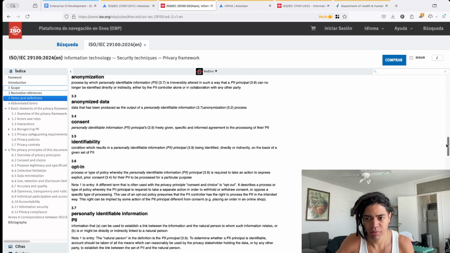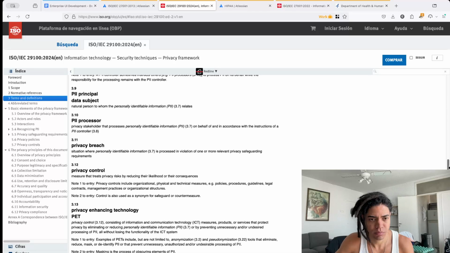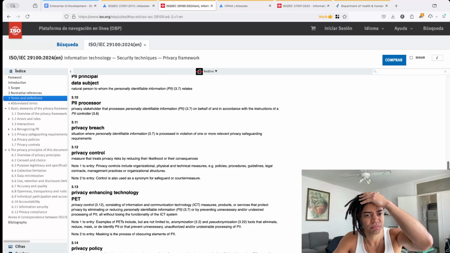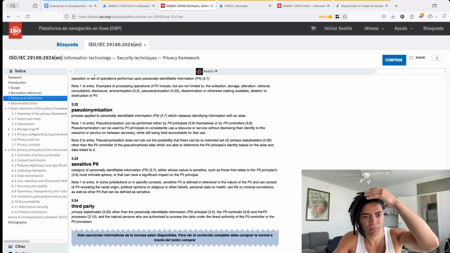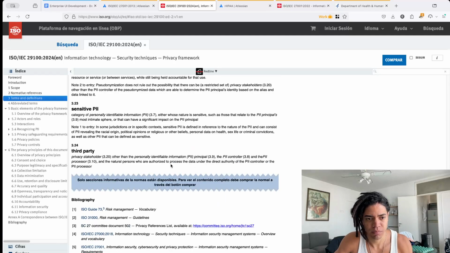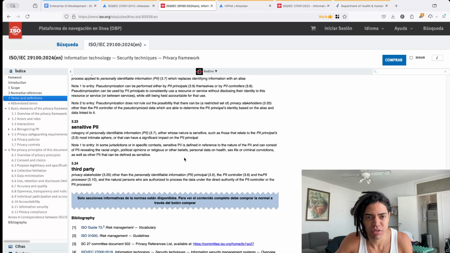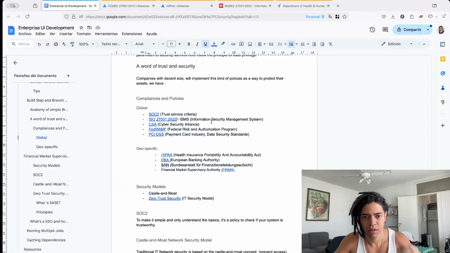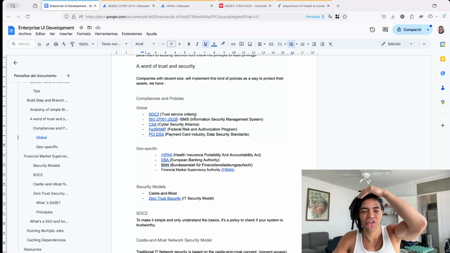And these are terms and definitions: PII processors, personally identifiable information subjects and processors. That's why you have frameworks like information security management systems.